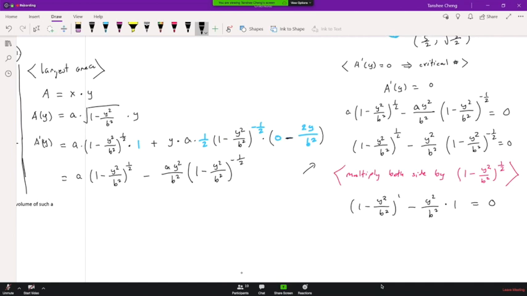Okay with that? So from here, when we simplify further, this will become 1 minus, since there are 2 of them, 2 over b squared y squared equal to 0, my bad, sorry.